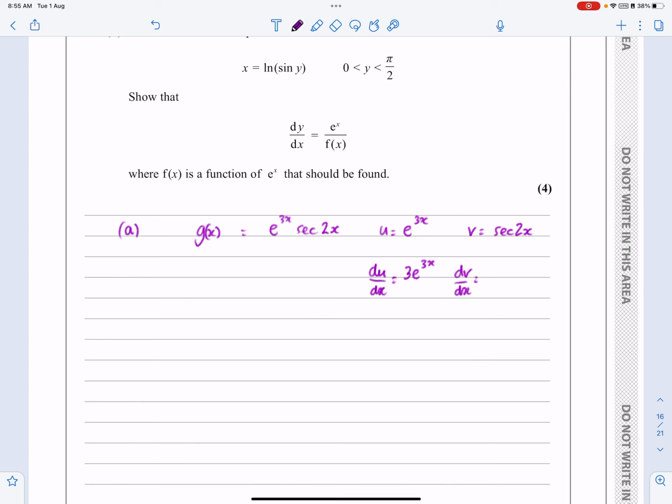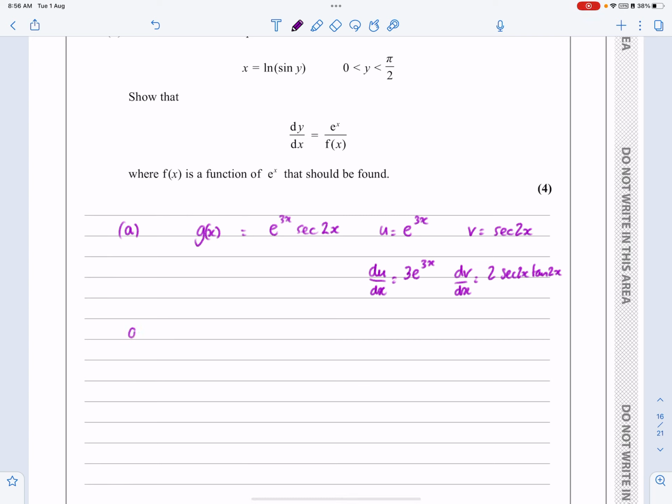The differential of sec x is sec x tan x. So I'm going to get sec 2x tan 2x, and then multiplied by the differential of what's there, and so in this case, multiplied by 2. So let's just tidy that up. You need to go back and do some basic differentiation if you're struggling with those two bits there.